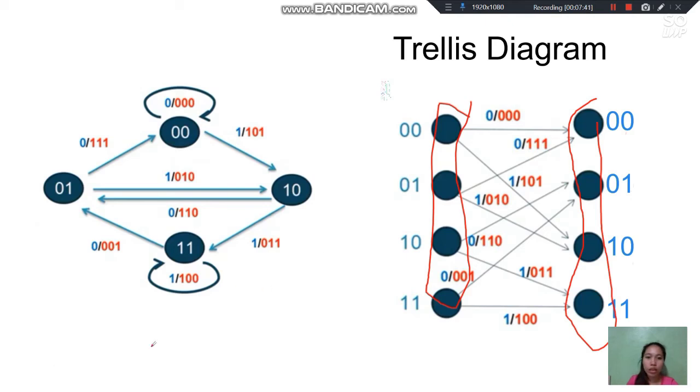And then we label the next state: we just copy the values of the current state, and then we put an arrow just like we have done with the state machine diagram. And also we will label it with the input and output relationship.